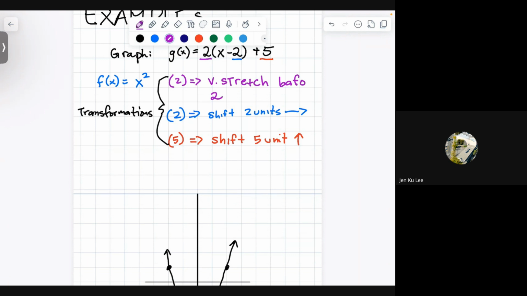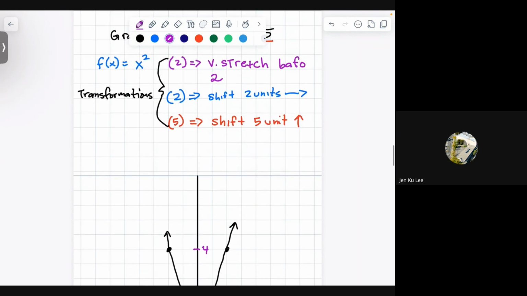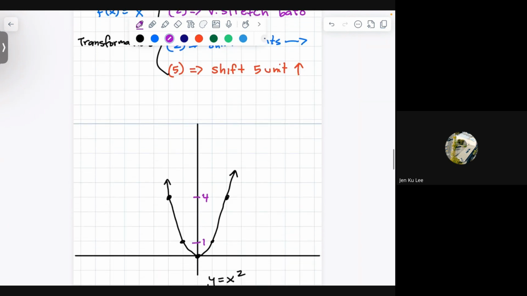So we're going to vertically stretch it by a factor of 2. Since we're stretching up and down, or up in this case, all of my y values, 4 and 1, are going to be multiplied by 2. So 4 times 2 is 8, and this point becomes all the way up to there.